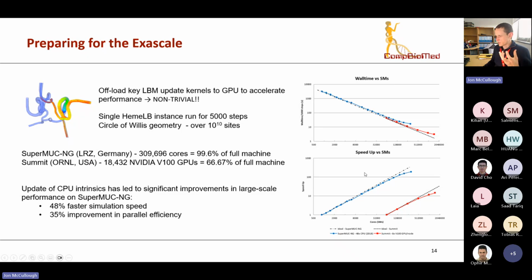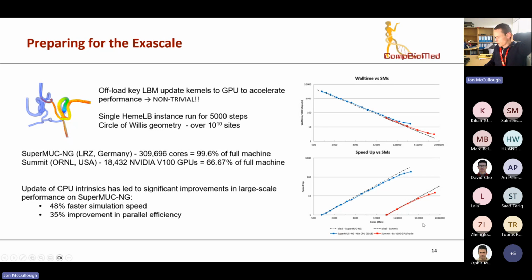In both cases, we're seeing near linear scaling up to a certain point, which is where the communication that you need to do outweighs the actual compute time. And so you're seeing a drop off in performance at very large core counts. In the CPU version, this starts happening at a bit over 100,000 cores.